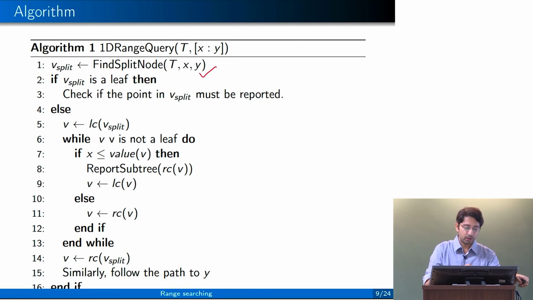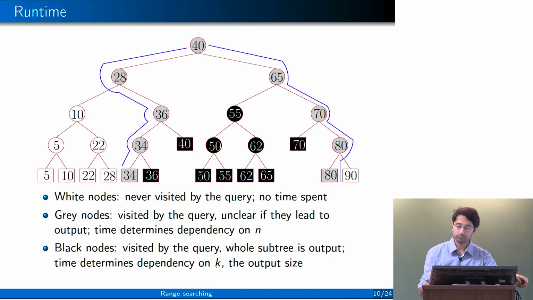Then, depending on the split node, if I go left, I report the whole subtree on the right, or if I am moving right, I do not do anything, I just keep moving right, and you have to similarly do this for the right extreme of the range tree. Now, the obvious question: what is the runtime of this query algorithm?